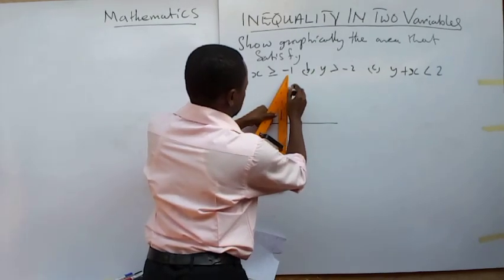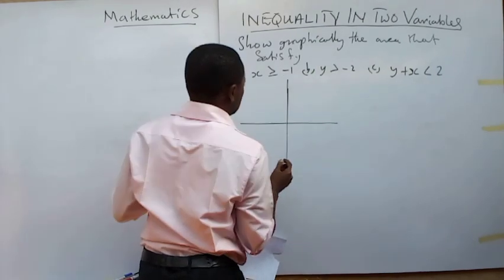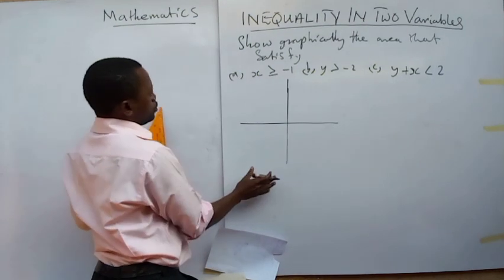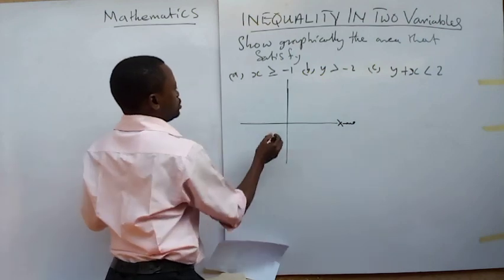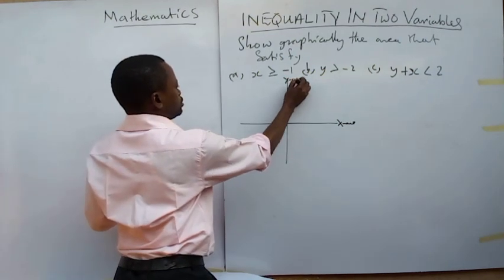It's just a sketch to explain it. This is the x axis as the case may be, and this is the y axis as the case may be.